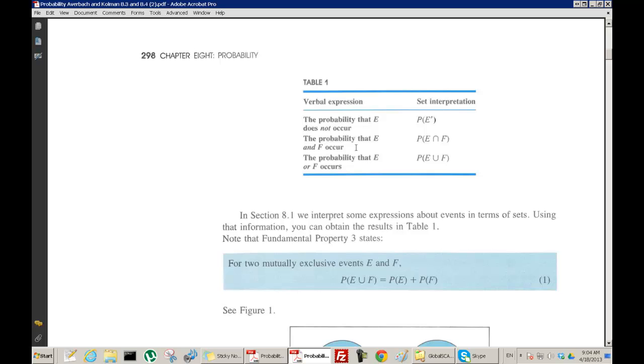The probability that E and F occur, that's the probability of E intersect F. And the probability that E or F occurs, that's the probability of E union F. So once again, union is or, intersection is and, prime or complement is not. Okay, and again, looks like they're repeating that here about mutually exclusive.